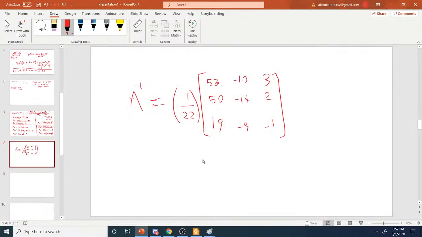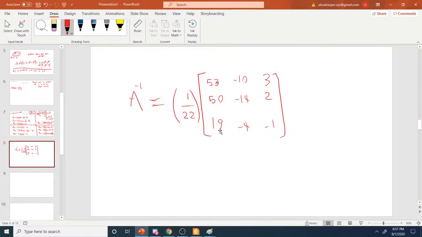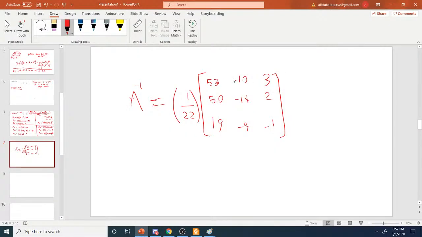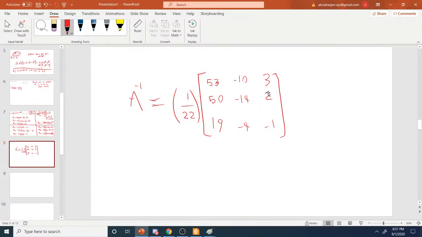So I get the right thing in the bottom two components as well as in this component. I get the right thing here, here, here, here, here, and here. So our answer is correct.